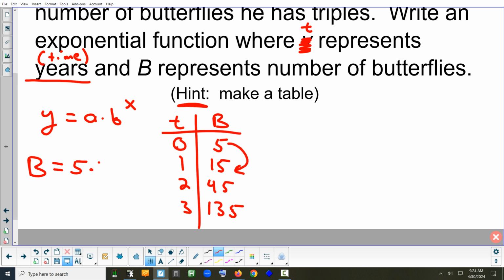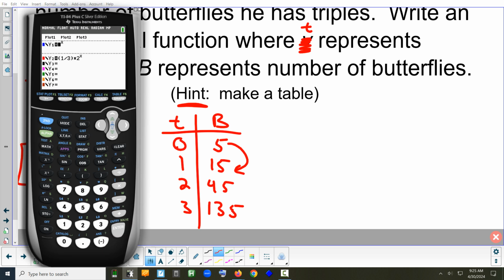So b would be 3. 3 to the power of x. And what's our letter that we used instead of x in this case? t. Yep. So t just stands for time. Right. And there's your formula for the number of butterflies.